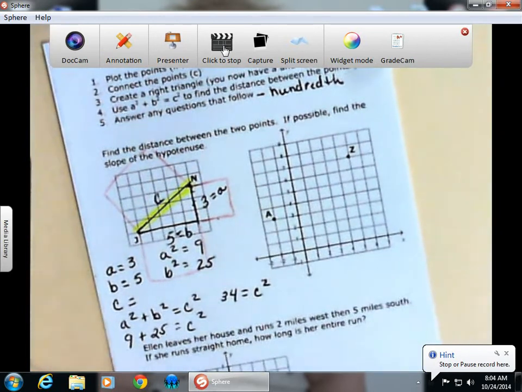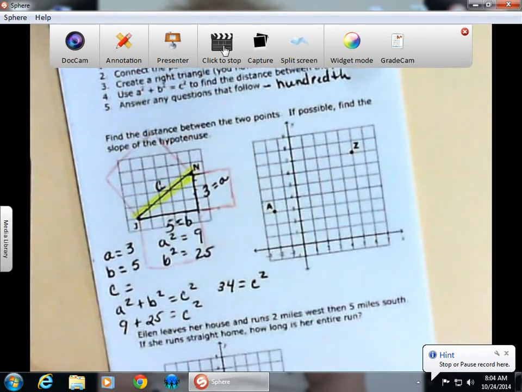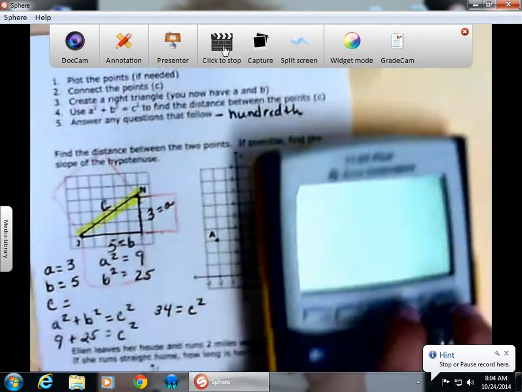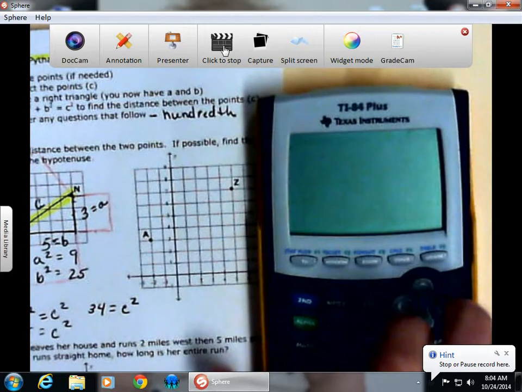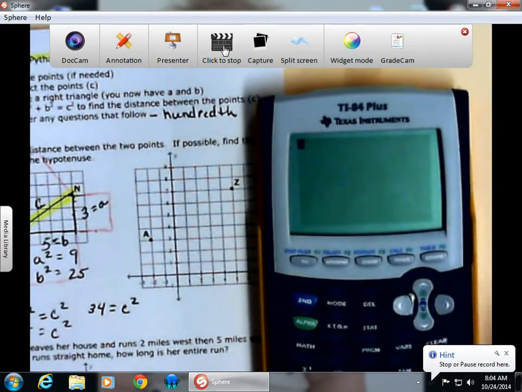Now we want to take our calculator. Remember, ladies and gentlemen, if there's stuff on your calculator, you can always do second plus 7, 1, 2 and enter, and it gets rid of anything that's on there. And that's for the graphing calculator.